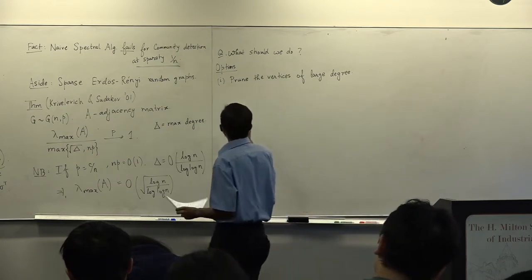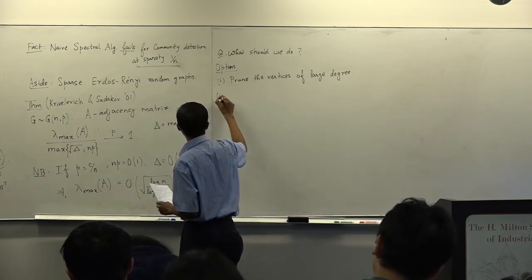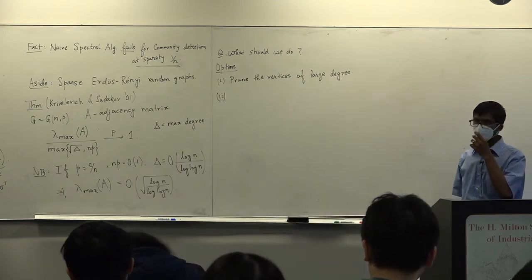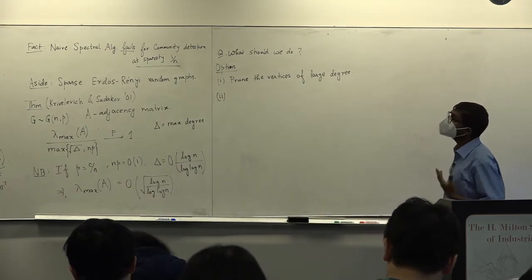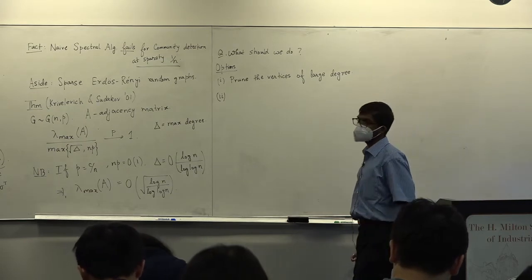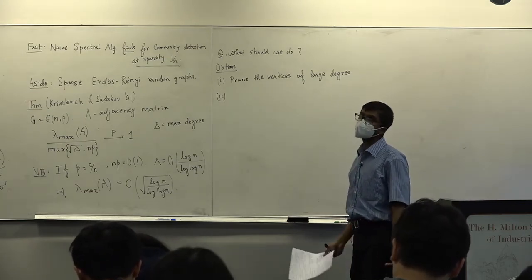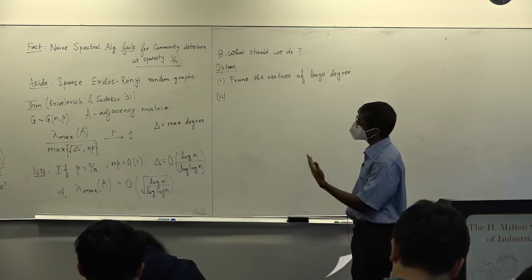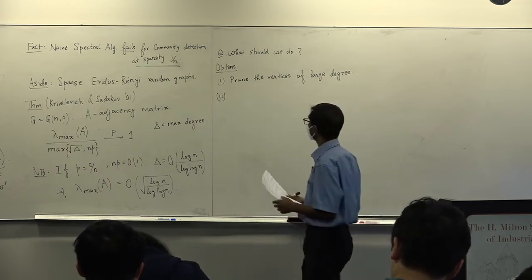A second idea is, okay, I want to stick with spectral algorithms, but I don't need to use the adjacency matrix itself. I can construct other matrices and do spectral decompositions based on the new matrices I obtain.